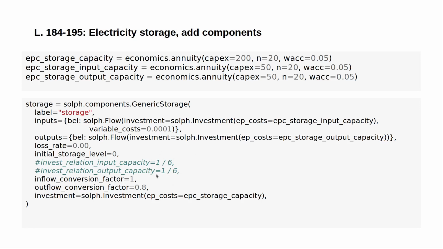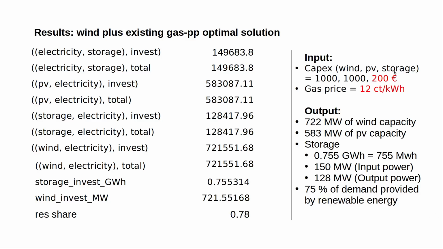If we now turn it off and we look at the results we're getting, it's quite interesting. As you can see, with these new parameters, we are installing a little bit less wind capacity and a little bit more PV capacity. The storage size is defined much larger because now we have a lot more flexibility to adapt the storage system to our needs.